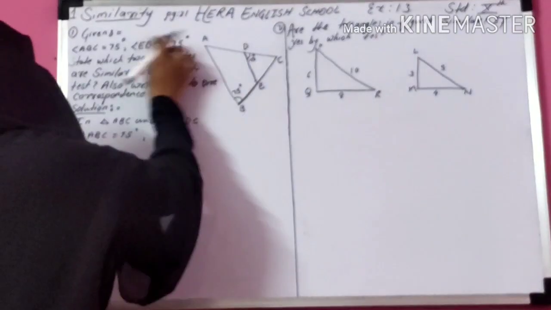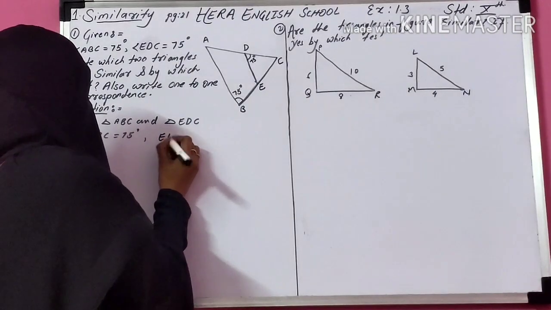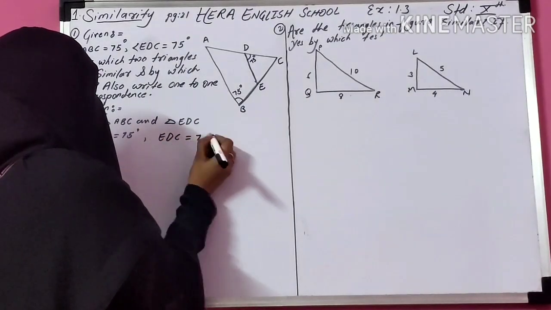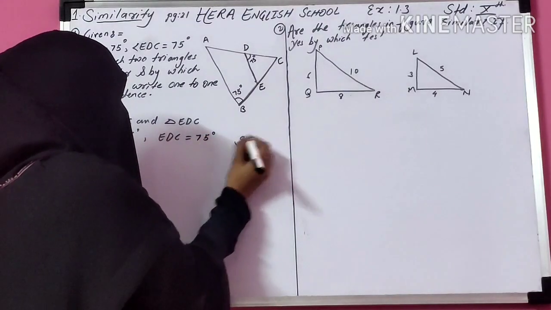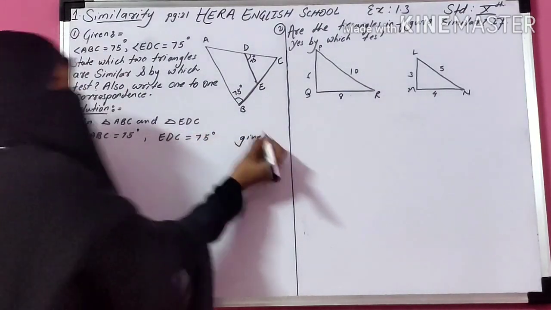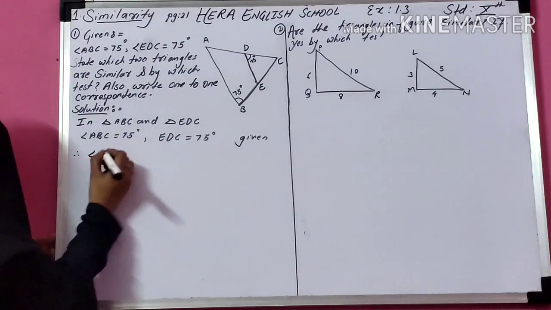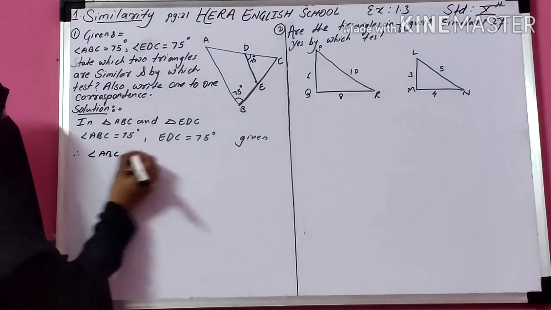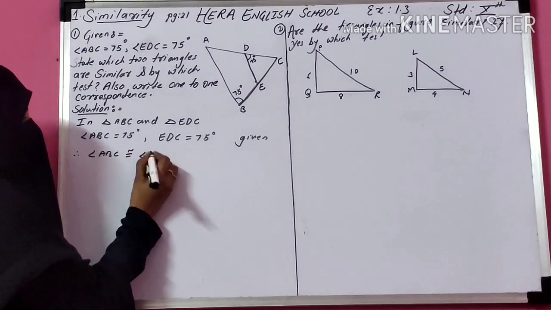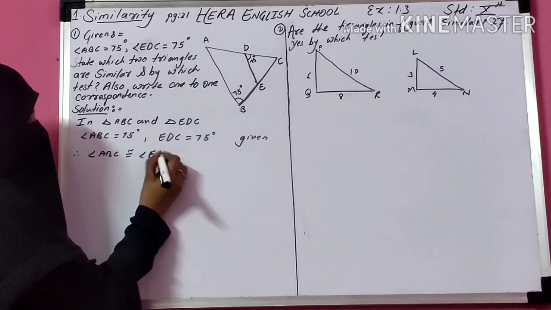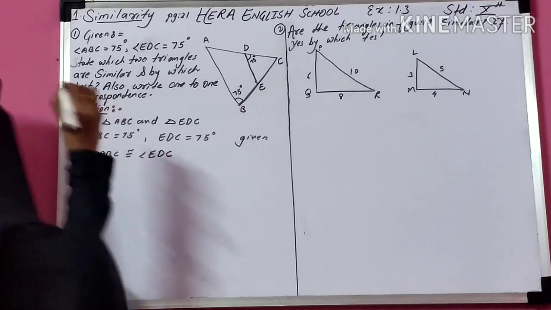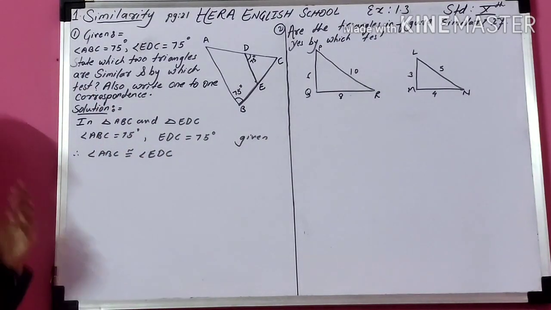And here angle EDC is also given as 75 degrees. This is given. Since both angles are 75 degrees, these two angles are congruent. So angle ABC is congruent to angle EDC.